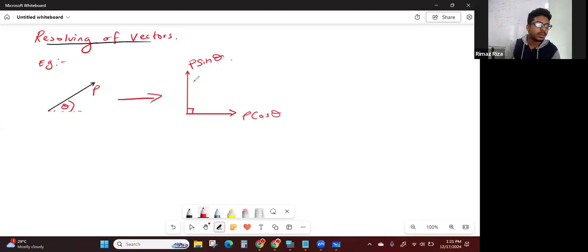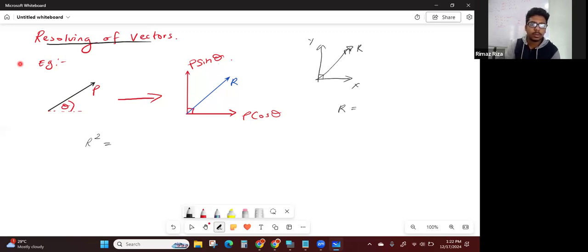So now let's try to find the resultant of these two components. Let's say the resultant is R. Then R squared is equal to, for example, if we have two perpendicular vectors x and y and their resultant R, we know how to calculate, no?